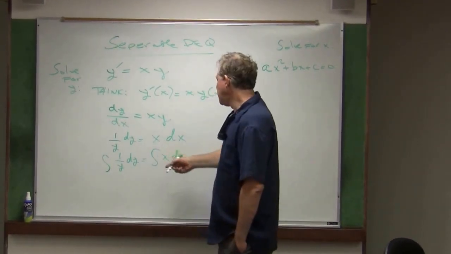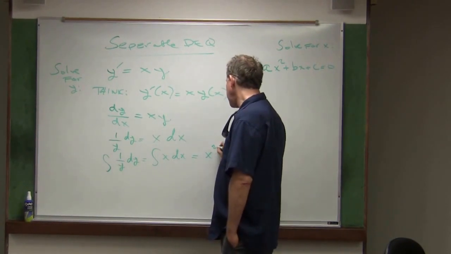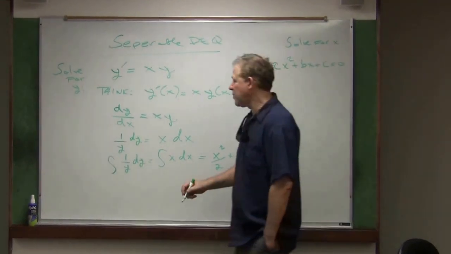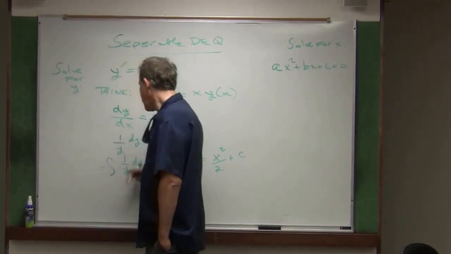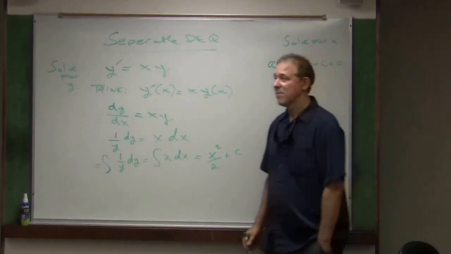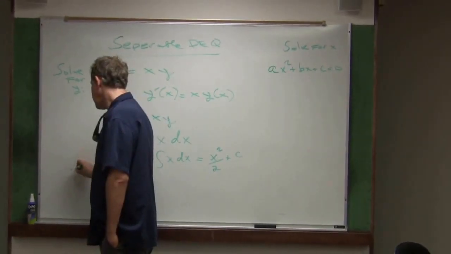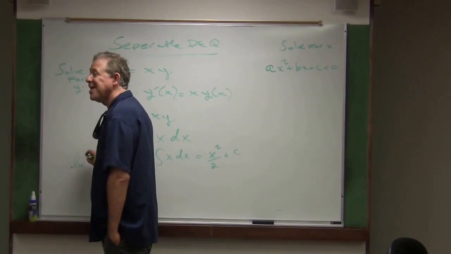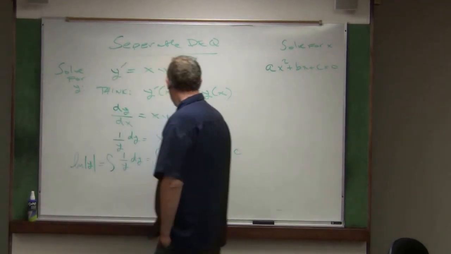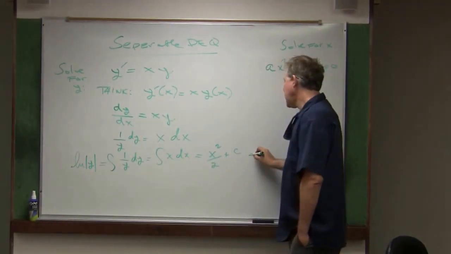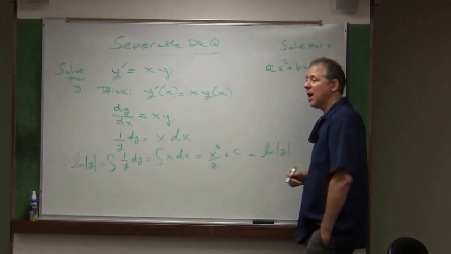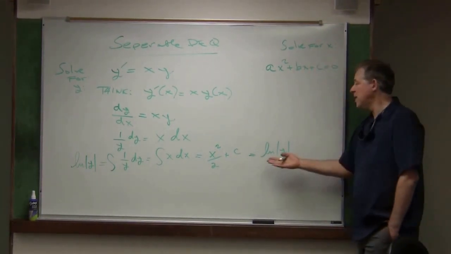Now we know when I do that, I get x squared over 2 plus c. Now what happens when I integrate 1 over y? What do I get? ln absolute value y. Okay. So now I've got x squared over 2 plus c is equal to ln absolute value y. All right, I've just got to get rid of ln.